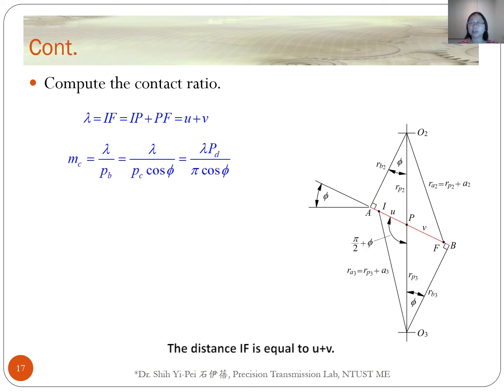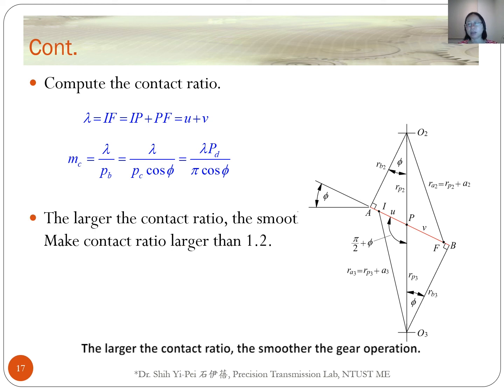The distance IF is equal to U plus V. The contact ratio NC can be computed as the ratio of the length of the path of contact to the base pitch. The larger the contact ratio, the smoother the gear operation. Normally, we need to make a contact ratio larger than 1.2.